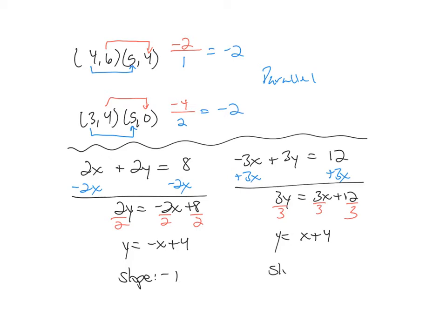So the slope on this one is +1. So these ones are not parallel, because we have -1 and +1, not the same. So those ones do take a little bit more time to do, but just comparing slopes.